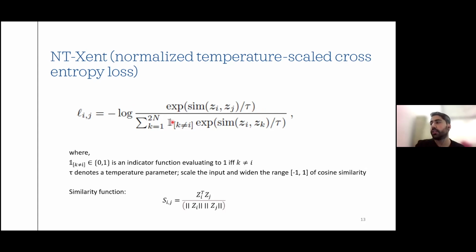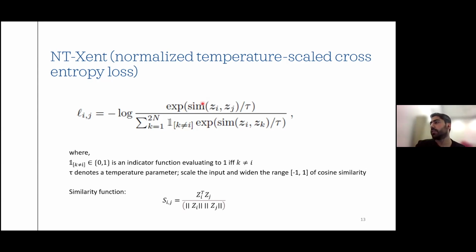Then in the denominator, we have the same image, and then another view or another image, the negative samples, divided by tau. This function will be explained in the next slide with the help of an example.